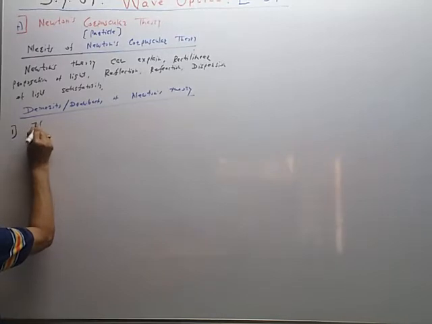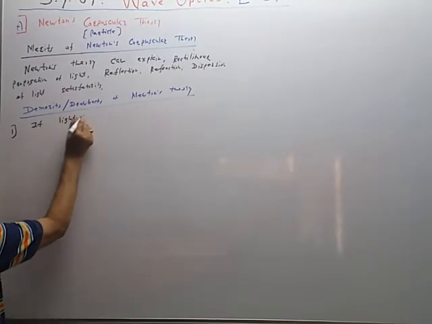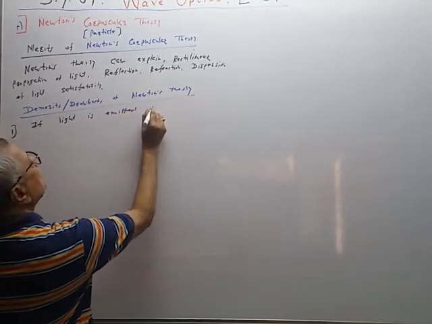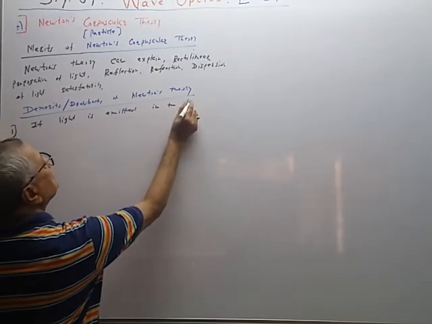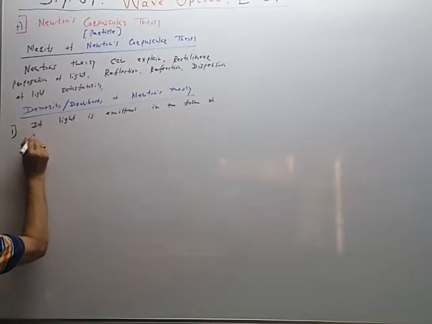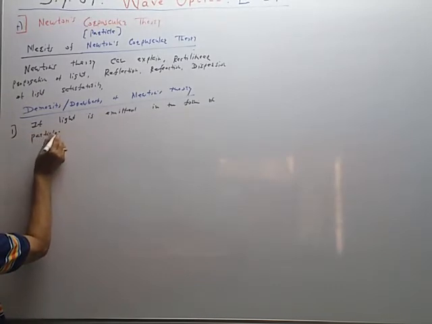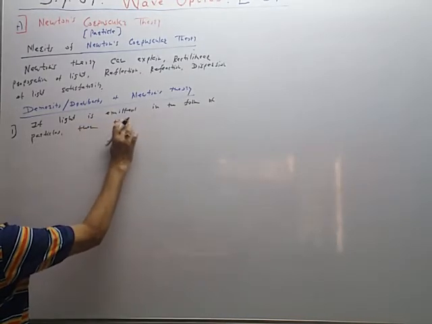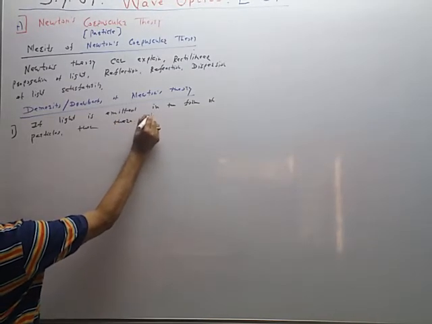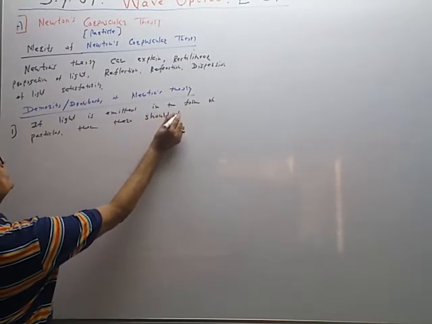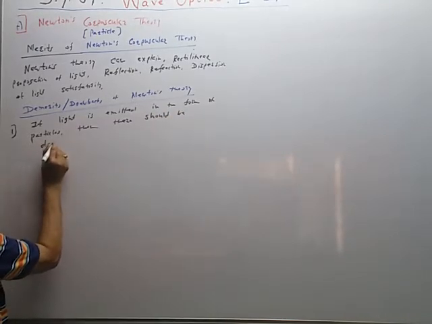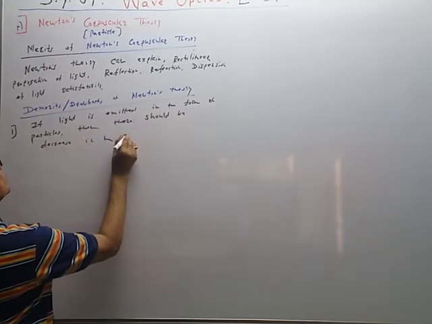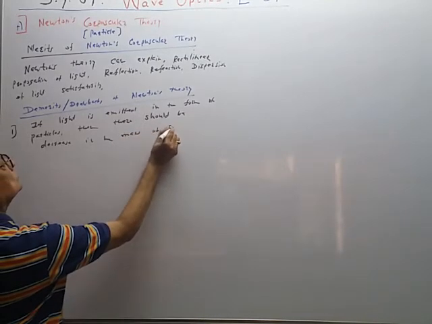The first drawback is like this. If light is emitted in the form of particles, then there should be a decrease in the mass of the source of light.